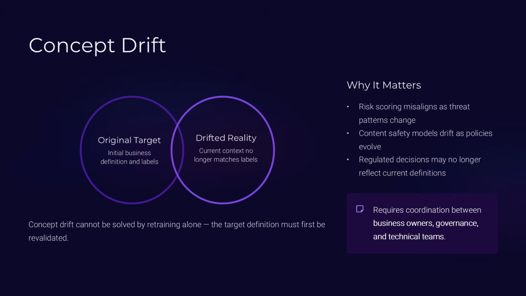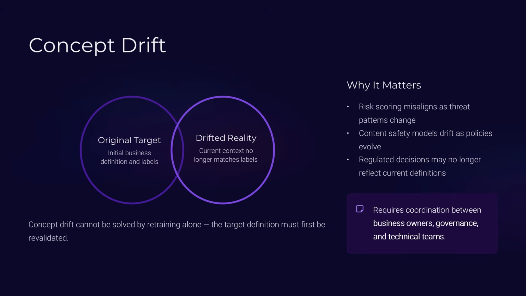If the underlying concept shifts, model predictions become misaligned with business reality. In a security context, concept drift can affect what you classify as risk. A risk scoring model may become misaligned if threat patterns change or business tolerance changes. A content safety model may become misaligned if policy definitions evolve.